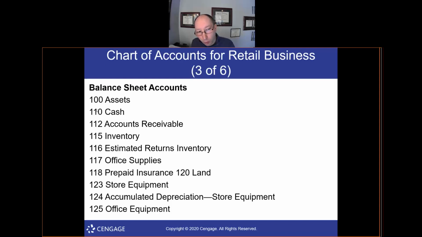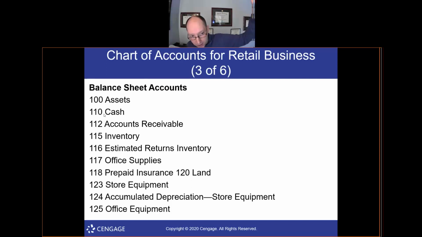Think of the parent account as the assets category, and the children accounts as the sub-accounts, the individual assets.